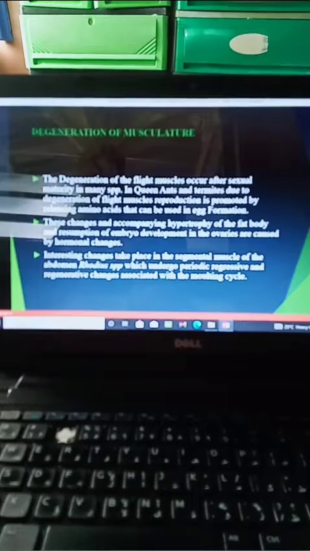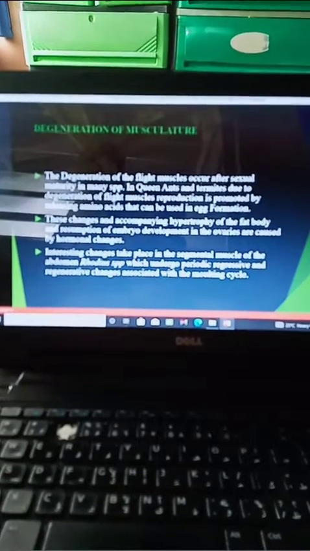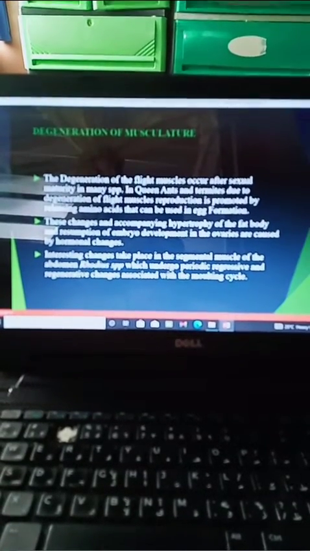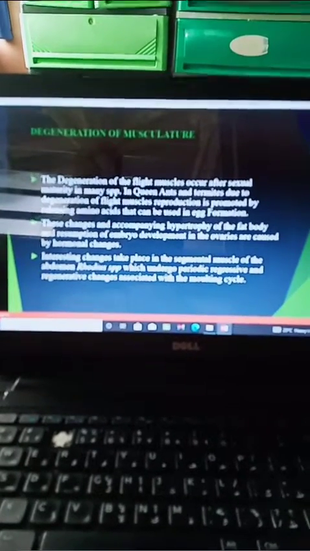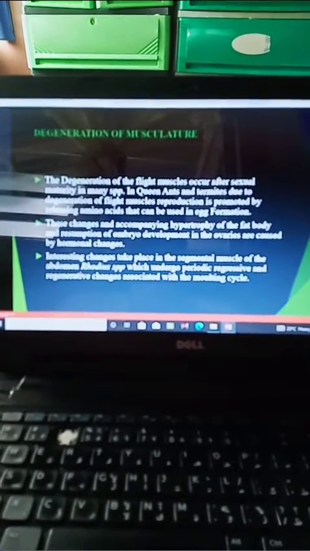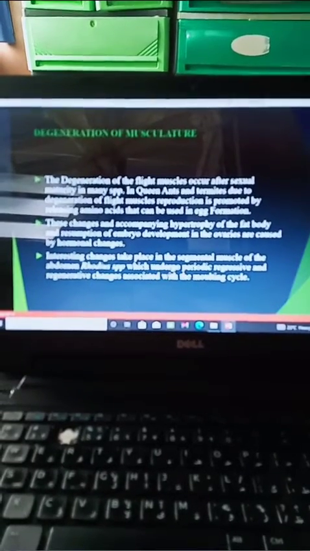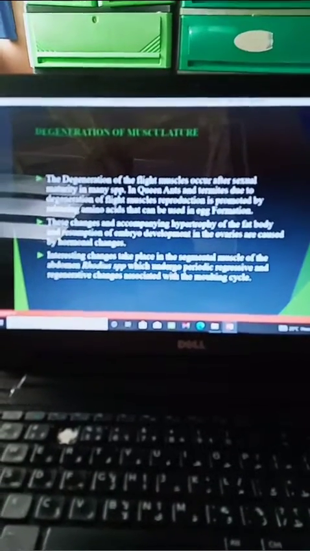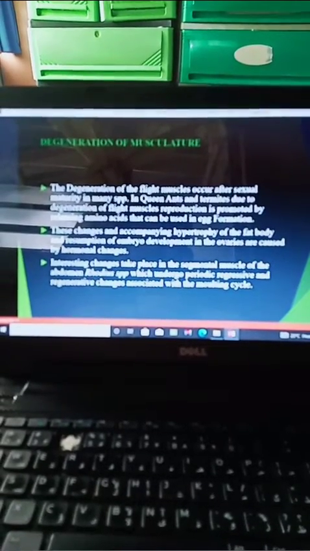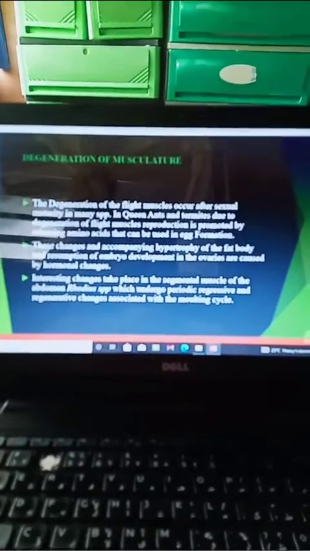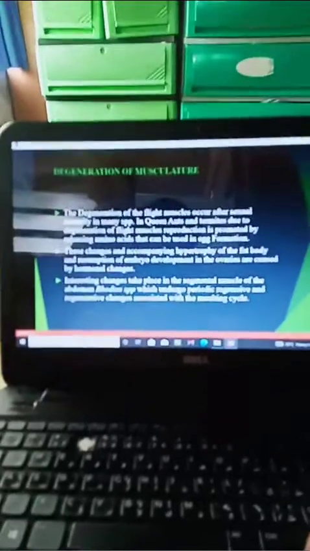Those changes, with accompanying hypertrophy of the fat body and resumption of embryo development in the ovaries, are caused by hormonal changes. Interesting changes take place in the segmental muscles of the abdomen of Rhodnius prolixus, which undergo periodic regressive and regenerative changes associated with the molting cycle.